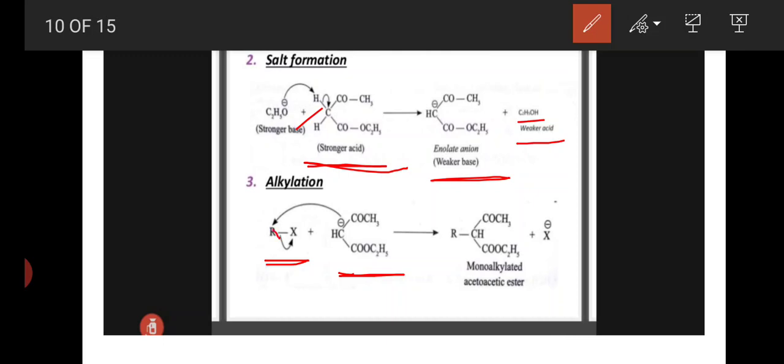Here this alkyl group is attached to the negatively charged carbon and forms this monoalkylated ethyl acetoacetate. This reaction is called an alkylation reaction.